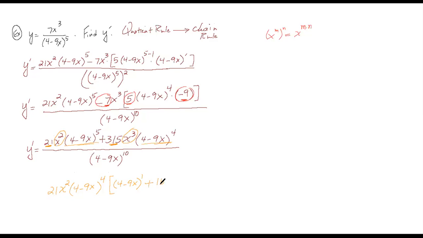It's 15. X cubed divided by x squared is x. And if I divide these two, they cancel out. All of this is over 4 minus 9x to the 10th.